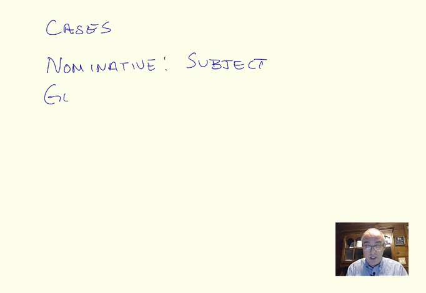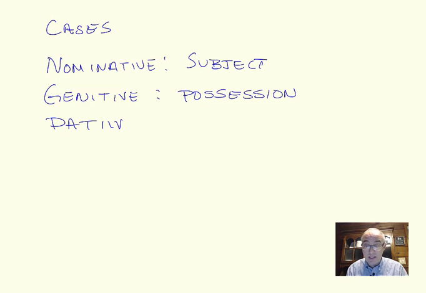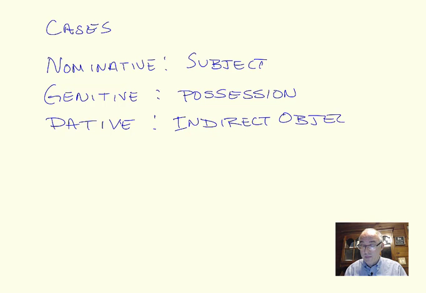The next one is the genitive. That's for possession. Dative. That's for indirect object. Accusative.